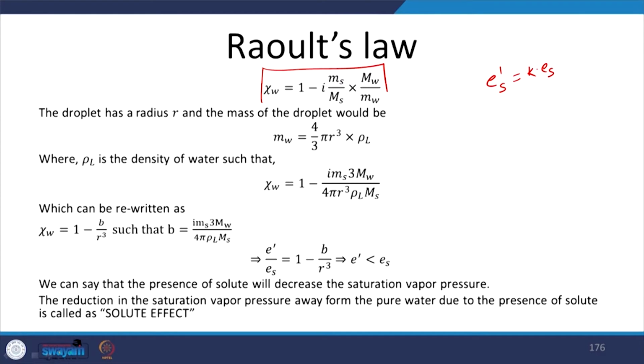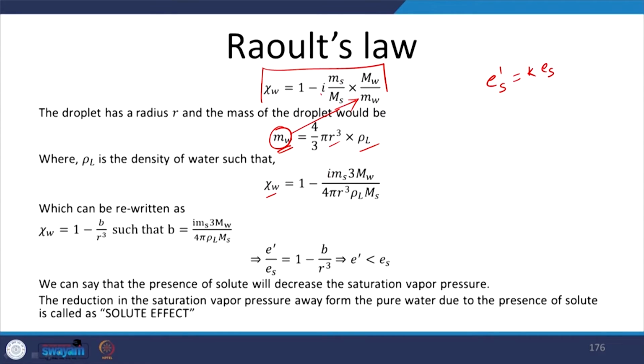Now, let us say we have this water as a droplet which has a radius r, and we are trying to get the mass of the droplet mw, where rho L is the density, and the droplet is with a radius r. So, for chi W, we substitute mw into this.